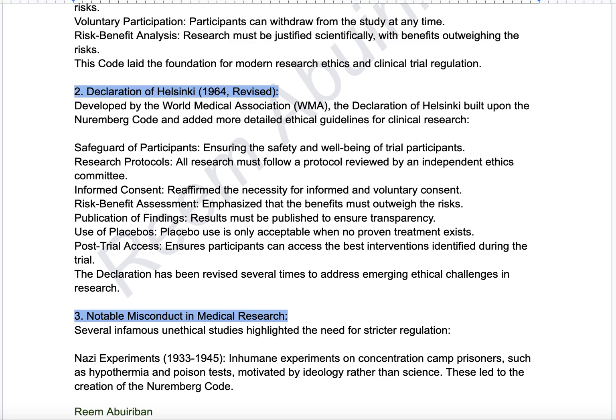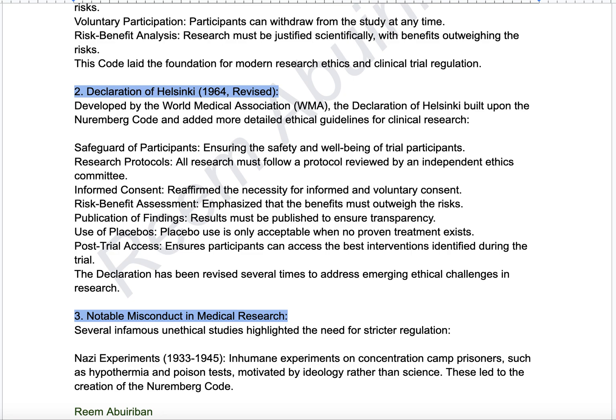Safeguard of participants: ensuring the safety and well-being of trial participants. Research protocols: all research must follow a protocol reviewed by an independent ethics committee. Informed consent: reaffirmed the necessity for informed and voluntary consent.